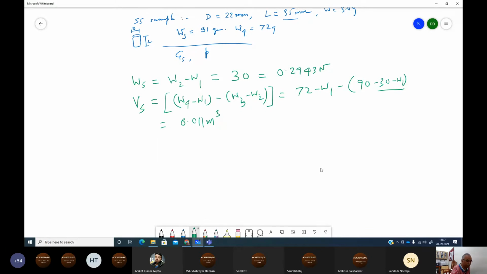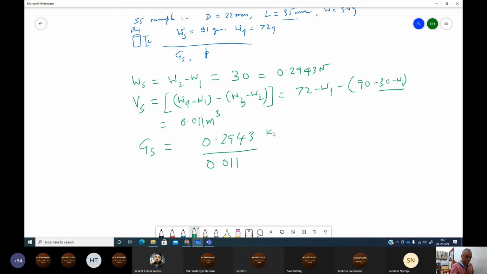It is very simple now. 2943 is the Newton, divided by 0.011.